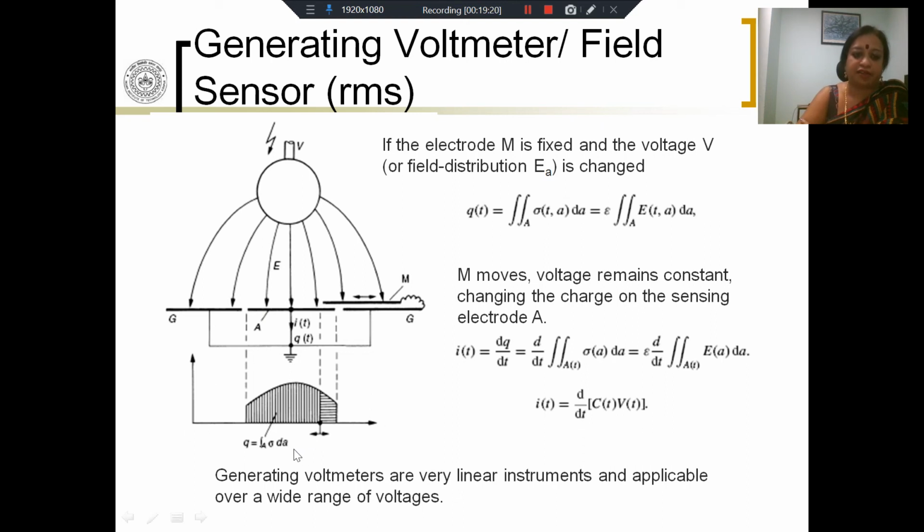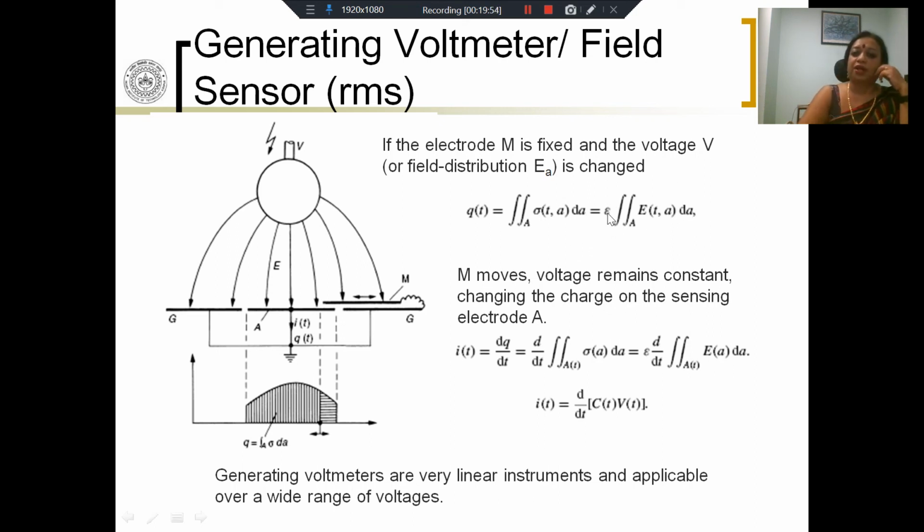This current, if it is integrated over the time period over the entire area, is given as Q equal to integral of sigma dA, where sigma is the charge density, which can be a function of time as well as the area. If you have a larger area, you will have a larger charge density, and therefore the total charge involved in the current that flows to ground from this electrode, Q(t), is equal to the surface integral of sigma(t) dA, which is equal to epsilon times the integral of E(t) dA.